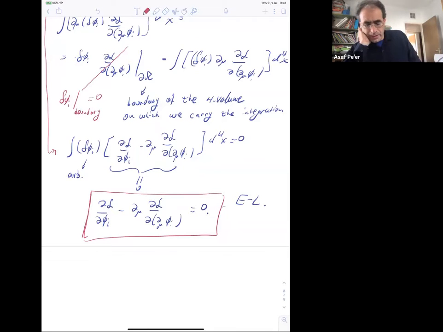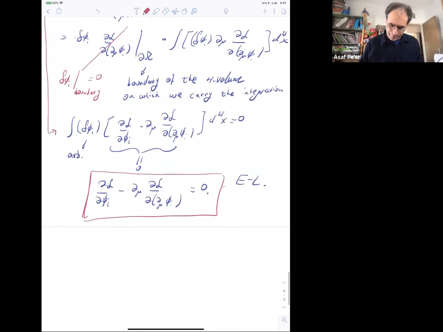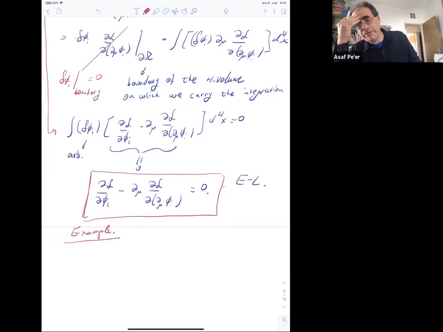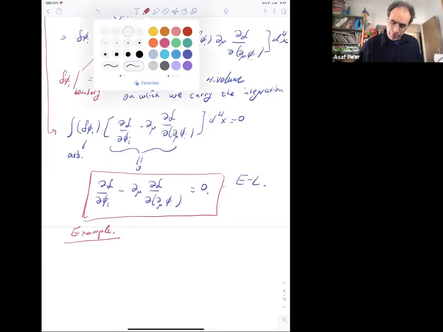Let's take a quick example. A classical example just to demonstrate the concept of Lagrangian density, not even quantum anything, and not even relativistic. So let's look at a string.